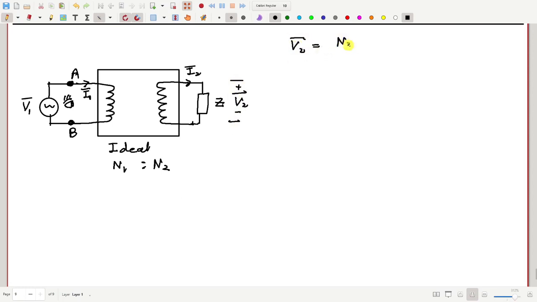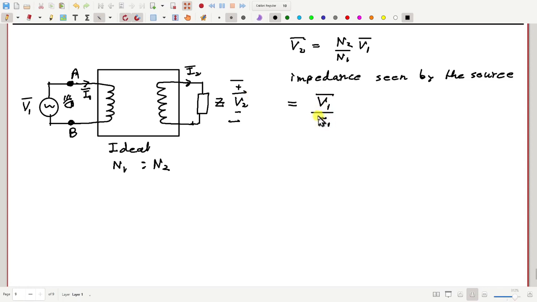That is N2 by N1 V1, and how much is the impedance seen by the source? Impedance seen by source will be equal to V1 bar by I1 bar.